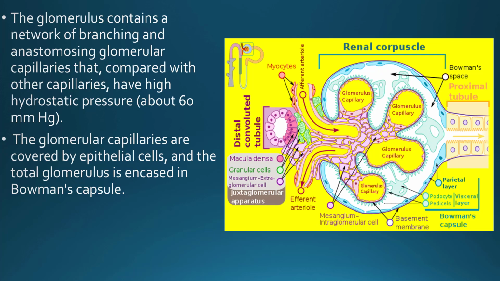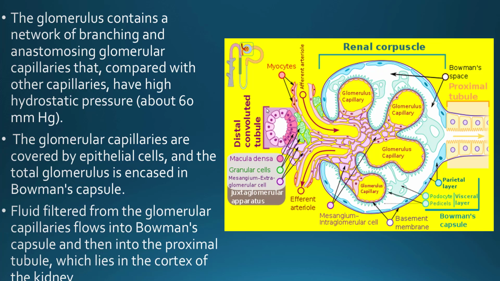This is the Bowman capsule. This is the glomerular tuft, and it is covered by the glomerular capsule, which is a single layer. As I told you in the previous slide, it is a single epithelial layer covering. It has an afferent arteriole and an efferent arteriole. Here is a structure called the macula densa, and we also have granular cells.